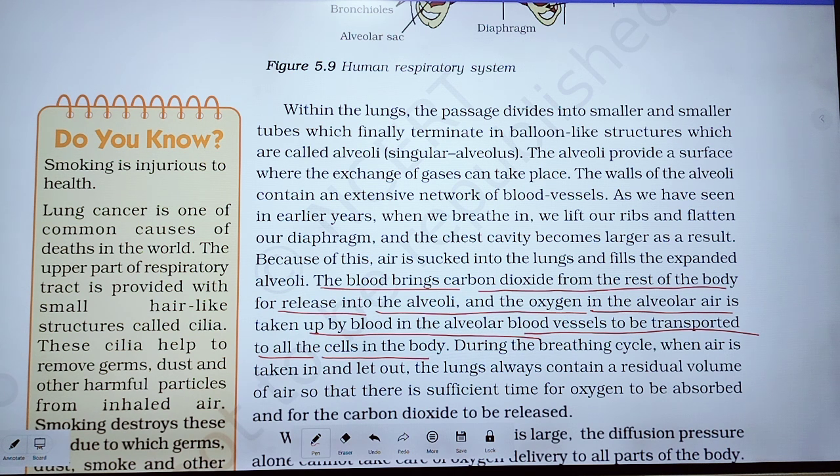And the oxygen in the alveolar air is taken up by blood in the alveolar blood vessel to be transported to all the cells that are present in the body.